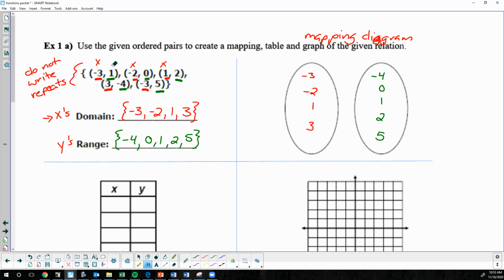So we use these points to know. -3 goes to 1. So I start at -3, and I draw an arrow to 1. -2 goes to 0. 1 goes to 2. 3 goes to -4.